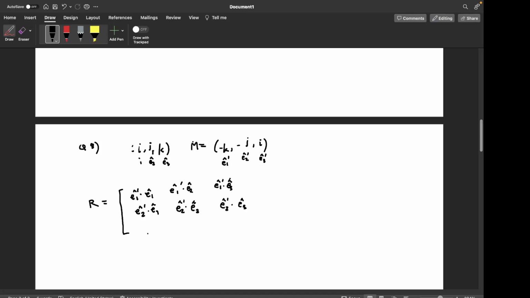And the last row would be E3 prime dot E1, E3 prime dot E2, and E3 prime dot E3. Cool.